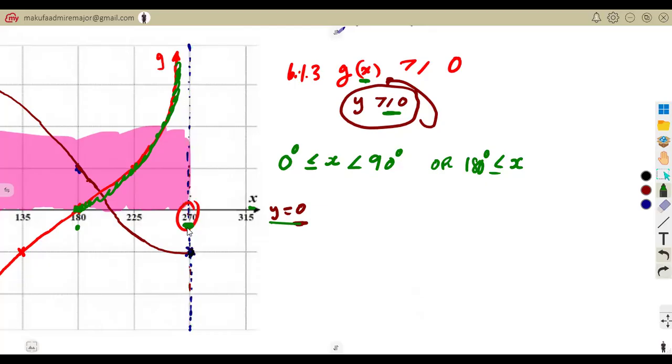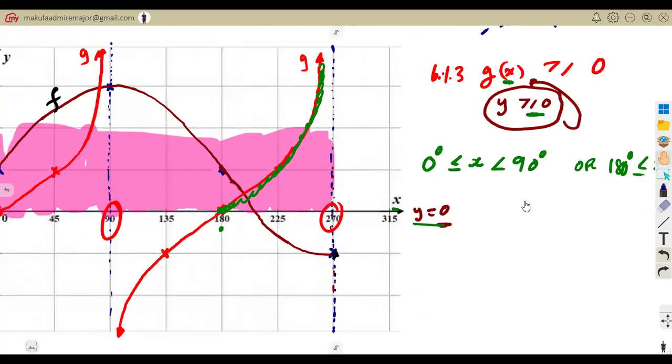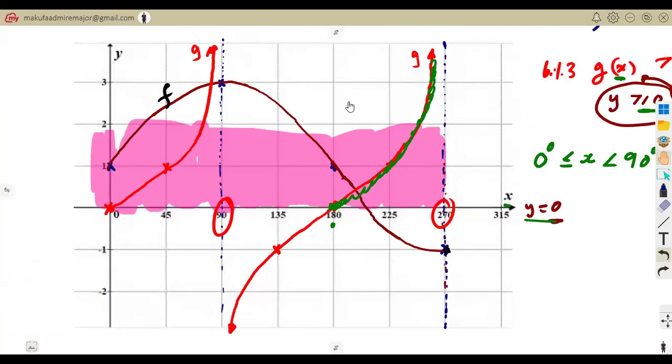So x cannot be equal to 270, but it can only be less than that. At 270, it can never give us a value, so we're not supposed to include that in our presentation. So that's our interval where g is positive, as you can see here. g is positive.